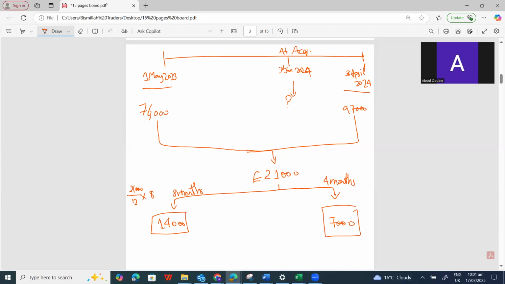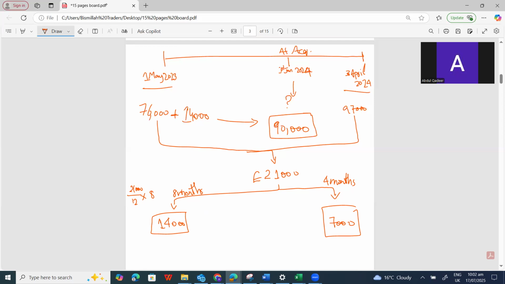Now at the date of acquisition, we can put the value here. At the starting date of the company's year, retained earning was 76,000, and after 8 months it has increased by 14,000. So at acquisition, when we add these two, it becomes 90,000 at 1st January 2024.